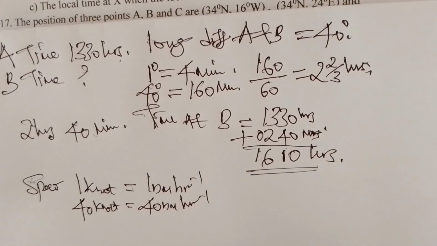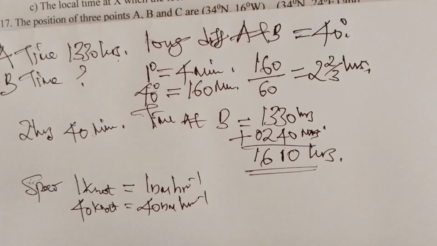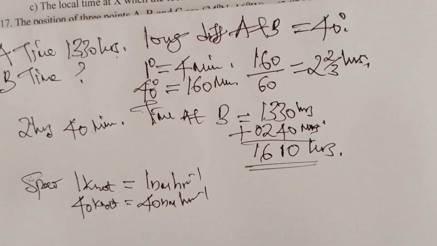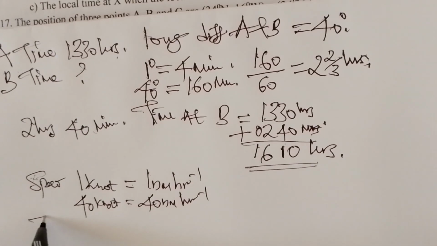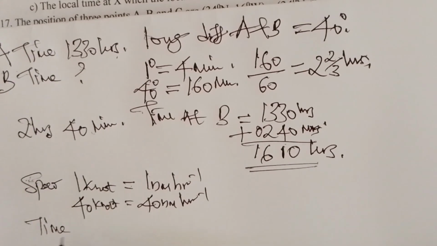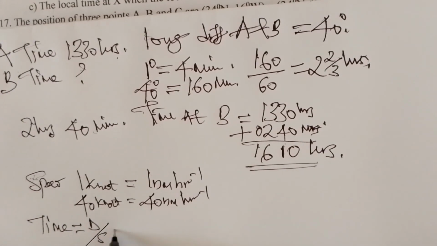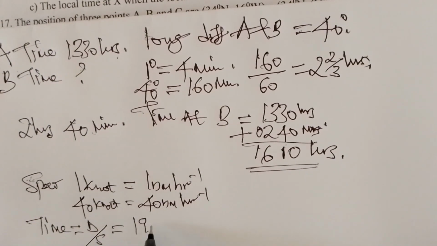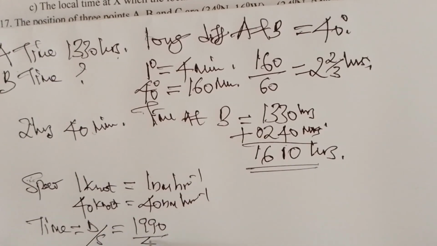The distance between A and B is given by 1990 nautical miles. So time is given by distance divided by speed, which is 1990 divided by 40.